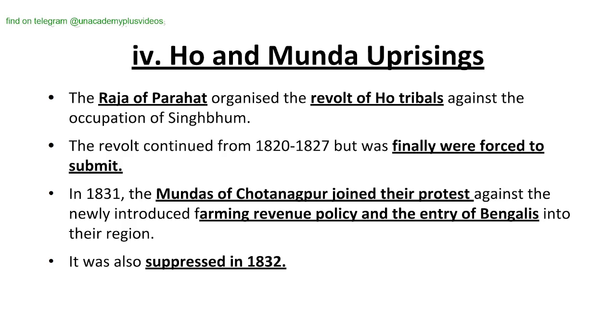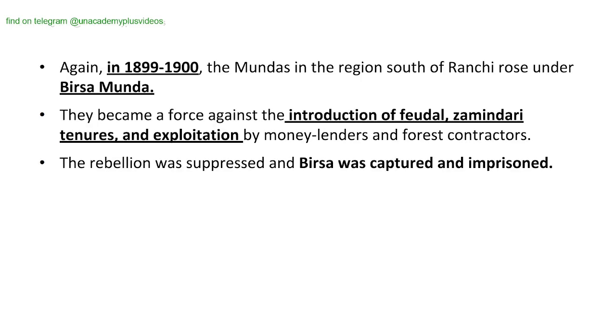It was suppressed in 1832. Again in 1899 to 1900, the Mundas in the region south of Ranchi rose under Birsa Munda. They became a force against the introduction of feudal zamindari tenures and exploitation by moneylenders and forest contractors. The rebellion was suppressed and Birsa was captured and imprisoned.